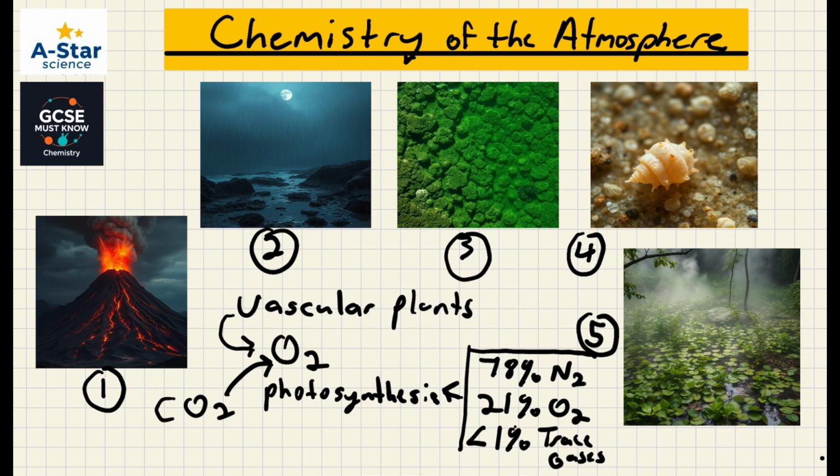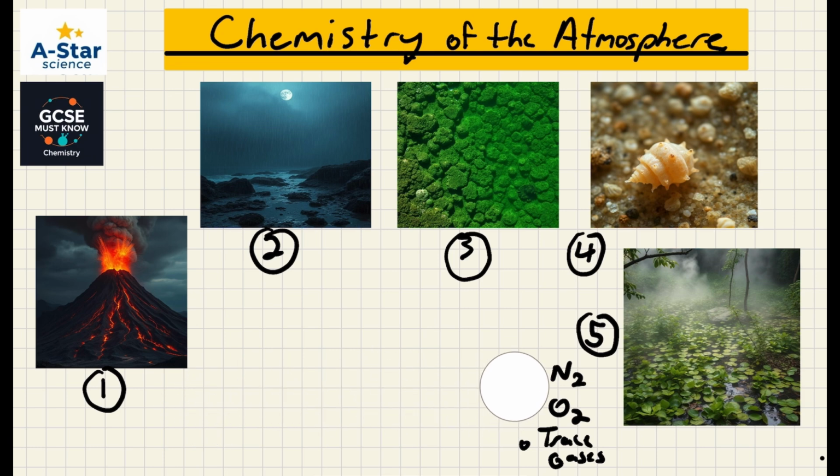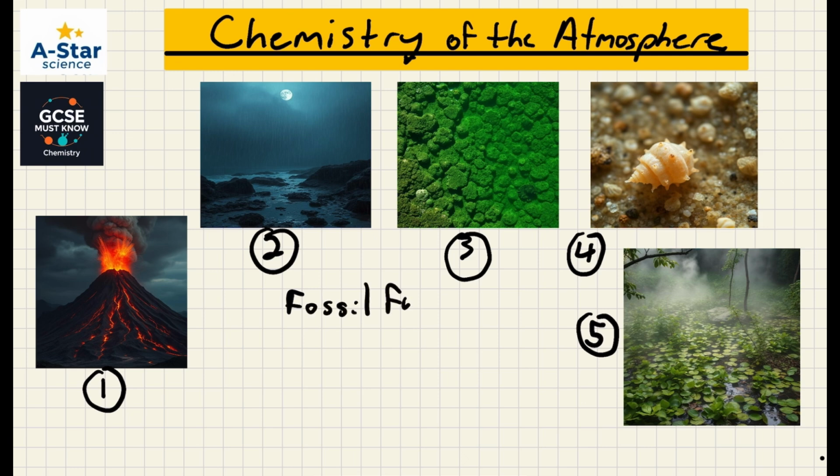Now, our atmosphere is quite stable, but it is still subject to change now because of the actions of man. As we know, humans are burning lots of fossil fuels, and fossil fuels contain lots of carbon. So when they are burned, that releases carbon dioxide.